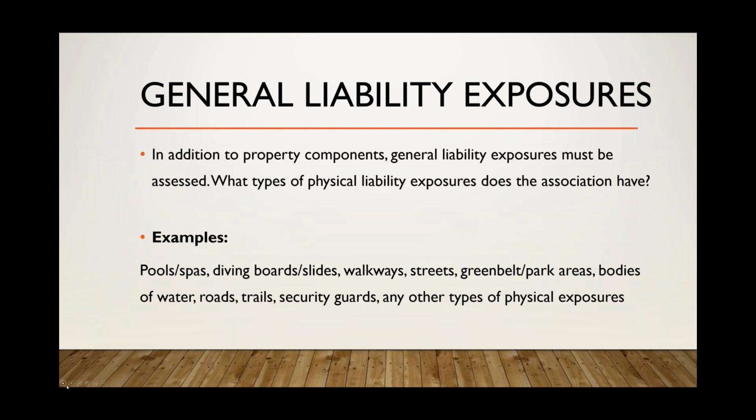They could have trails. And then, of course, there are also things like security guards who are providing a service on behalf of the organization. But really anything that you could think of that will impact the potential for bodily injury in regards to the association's concerns, these are the things that you want to make sure are scheduled and addressed within the coverage. And a broad general liability carrier will be able to do that for you.